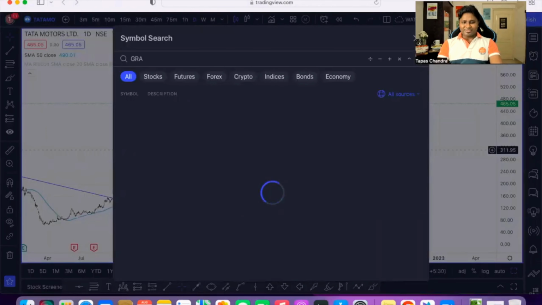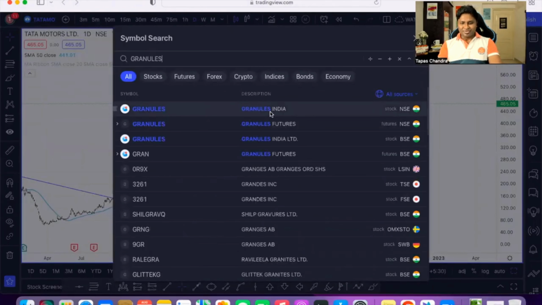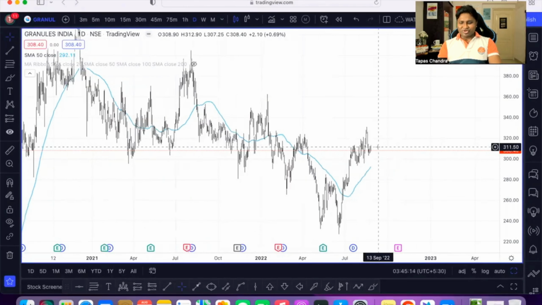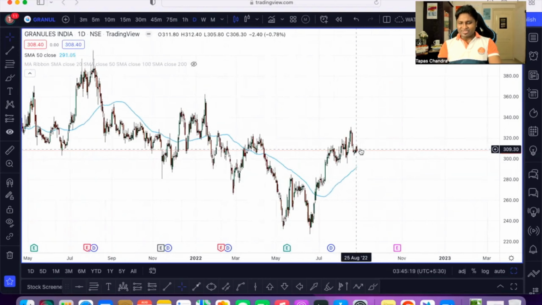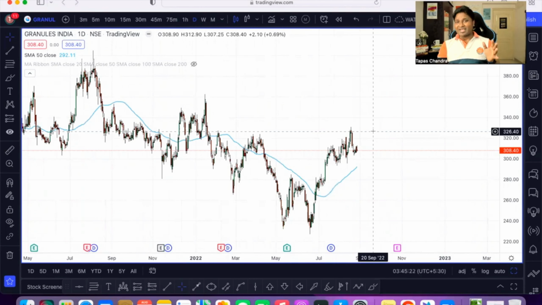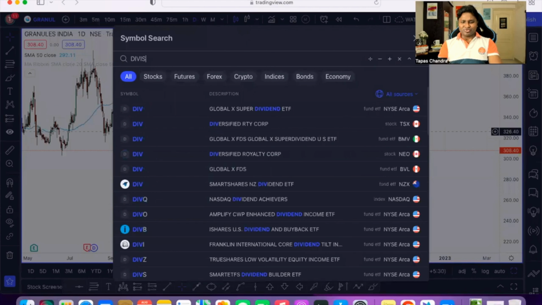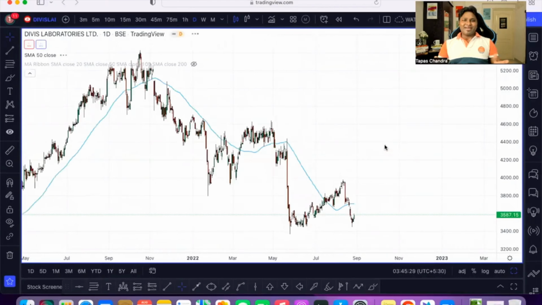Maybe I will open the chart of Granules. If you see here, Granules is the stock for which the moving average is below the current price. That means the stock is very strong. Now if I have two choices, to buy Divi's Lab or to buy Granules, and both are looking perfect, in that case I will be buying Granules.